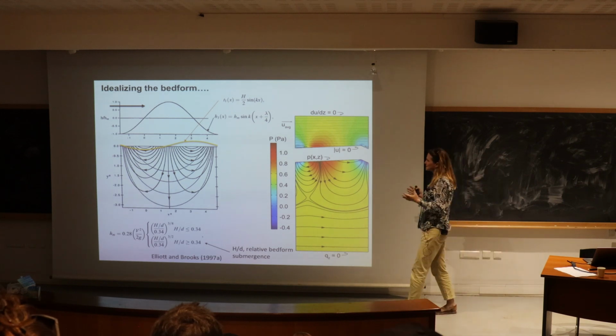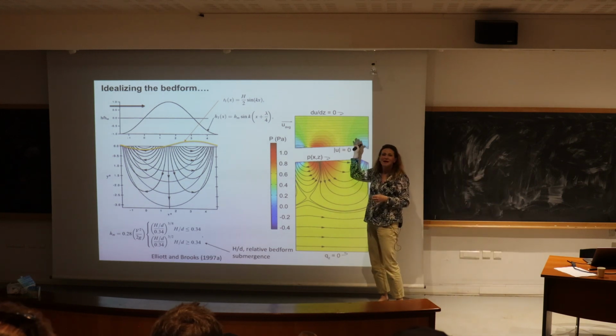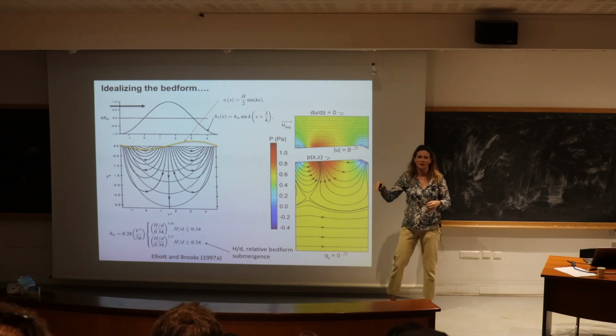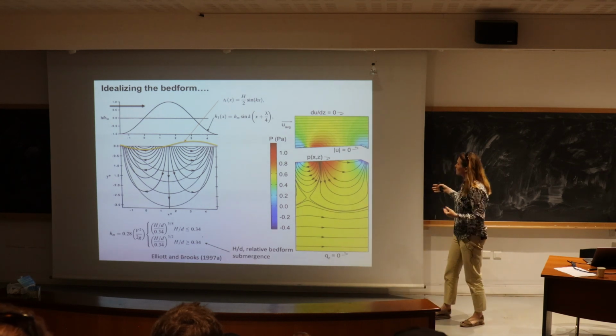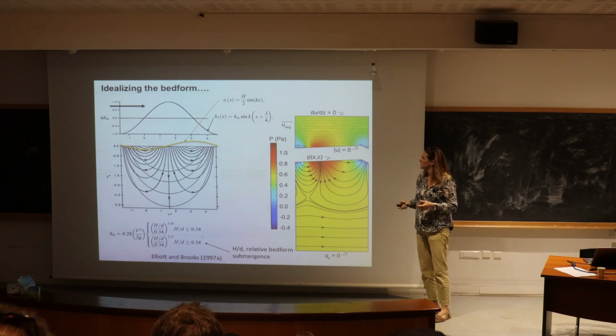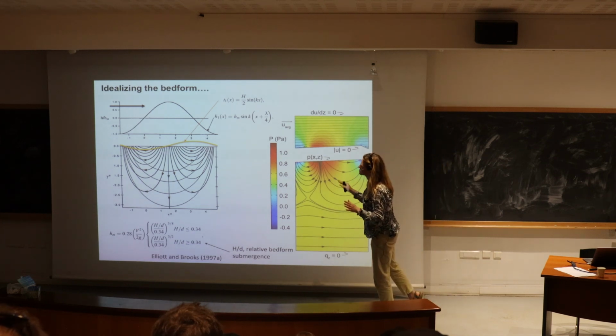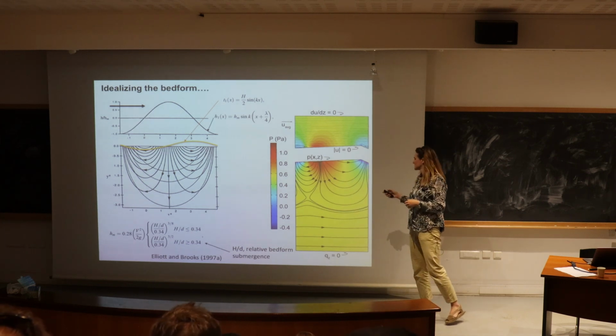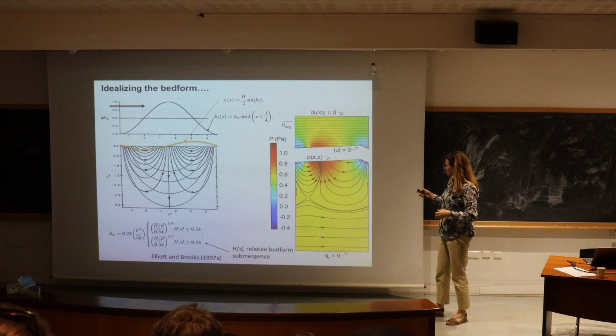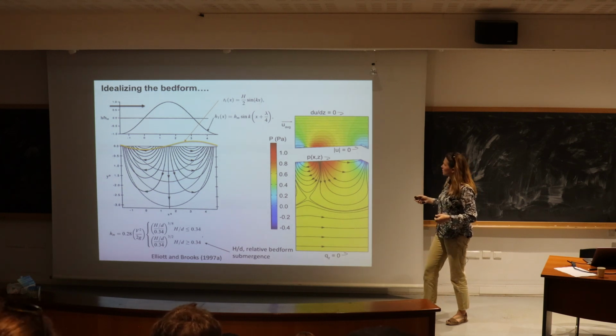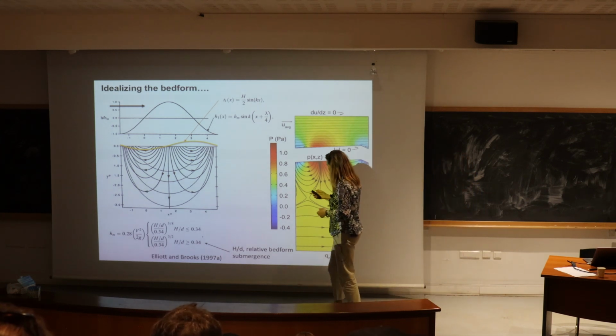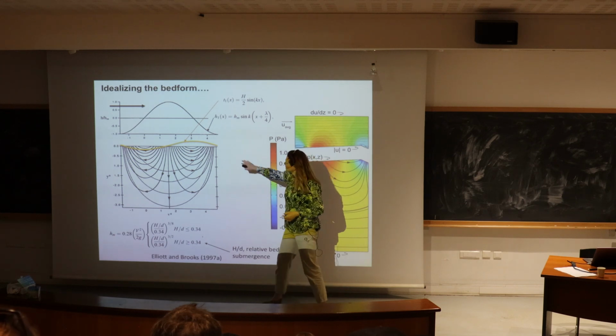And we can idealize this because running a turbulent CFD model coupled to a traditional groundwater flow model is computationally intensive, but we can just use some basic tricks. It turns out that the component of pressure that drives flow along the bed can be represented more or less as a sinusoid.